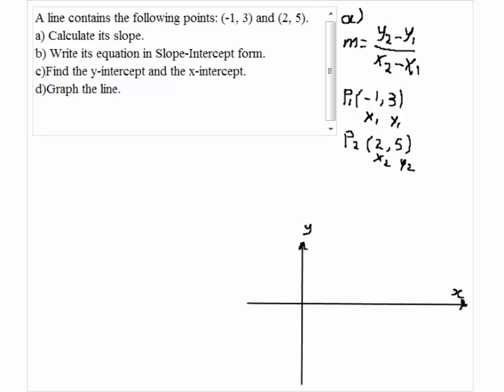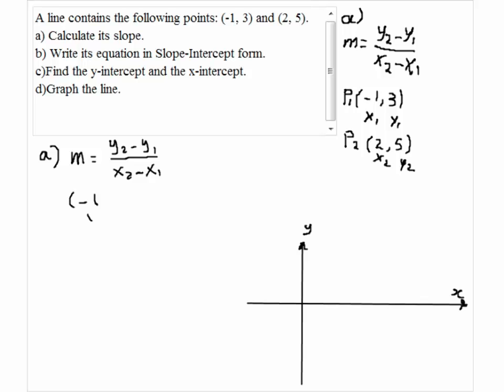A line contains the following points: (-1, 3) and (2, 5). Calculate its slope. Since you're given 2 points, we will use the formula for the slope, which is m equals y2 minus y1 over x2 minus x1, where x1, y1 is a point and x2, y2 would be another point.